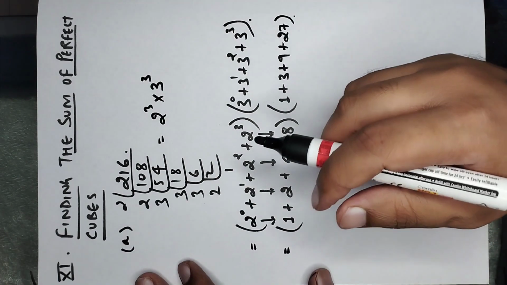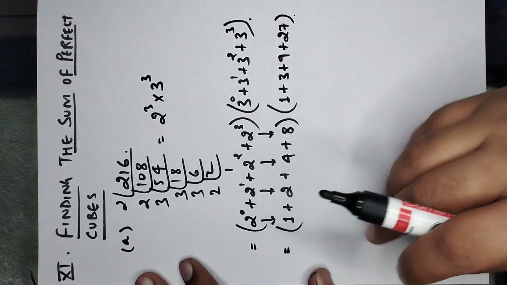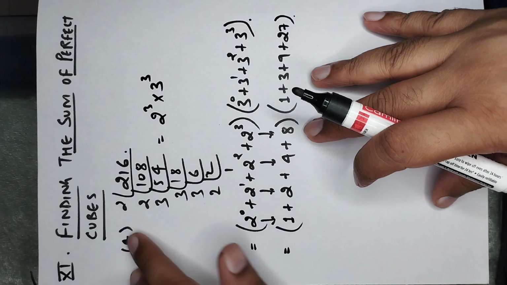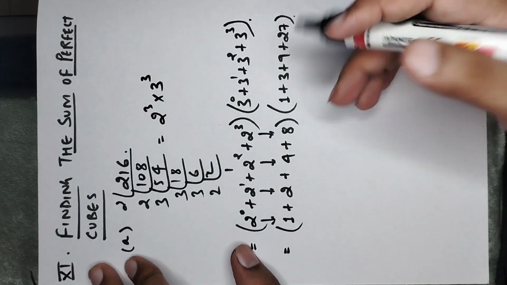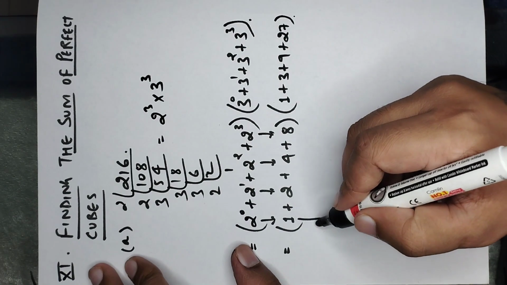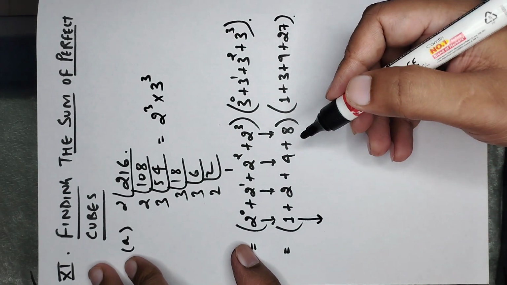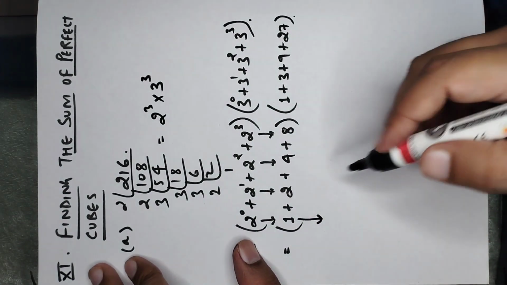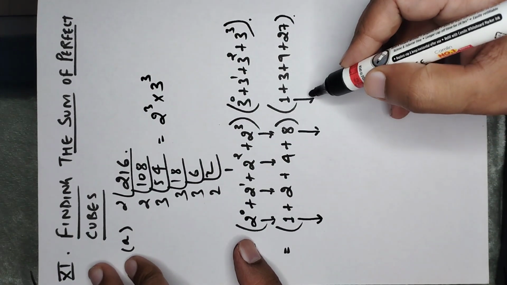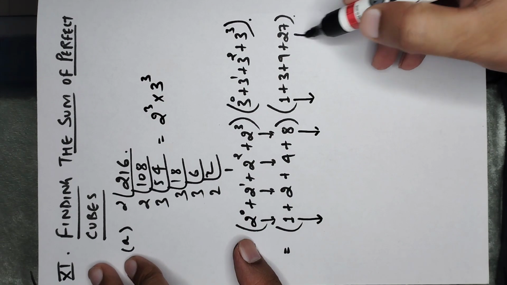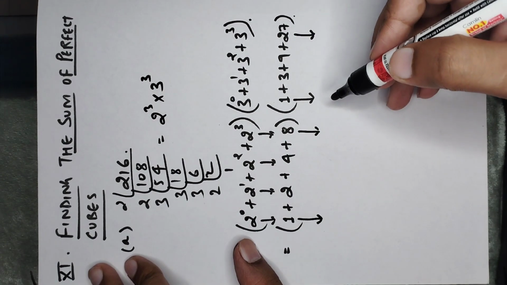Now as we have to find the sum of perfect cubes, first of all I have to see how many perfect cubes are there in this number. For finding the perfect cubes, you can see 1 is always a perfect square or a perfect cube. Similarly 8 is a perfect cube, 1 is a perfect cube, and again 27 is a perfect cube.